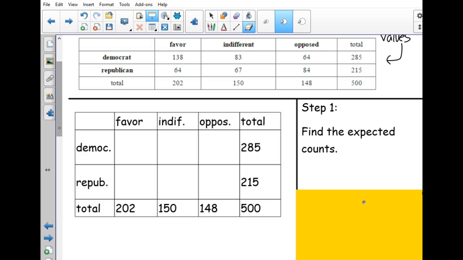For chi-square tests of independence and homogeneity, the expected counts will have the same formula every single time. It is equal to your row total times your column total divided by your table total.